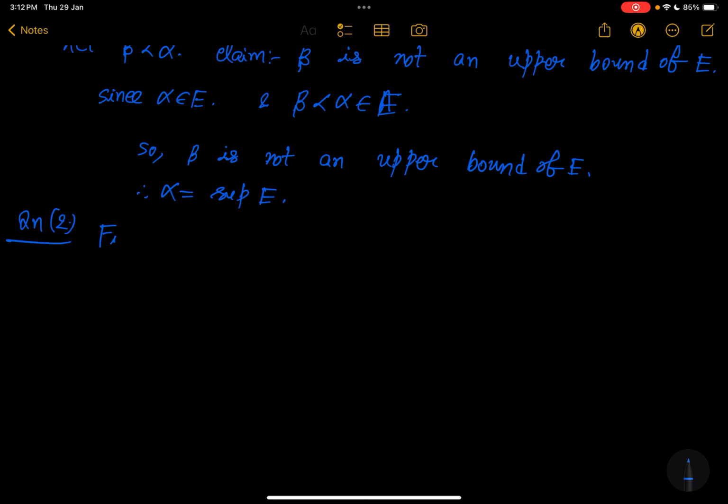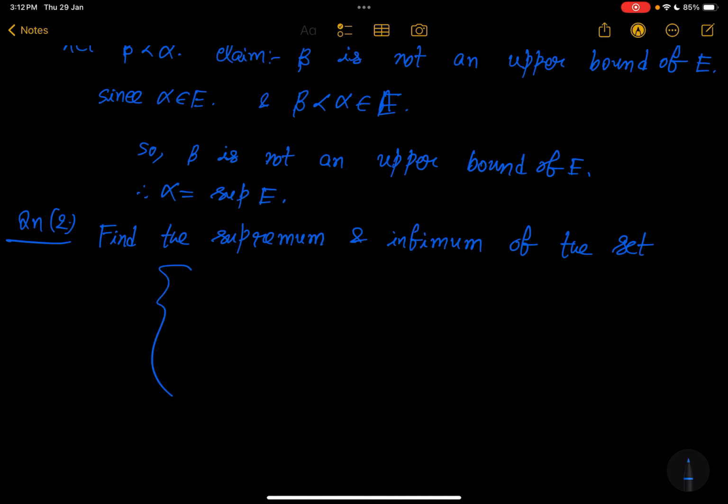Find the supremum and infimum of the set of m by mod m plus n, no wait, n by mod m plus n, such that m belongs to the set of integers and n belongs to the set of natural numbers. So I will try to find the supremum and infimum of this set.